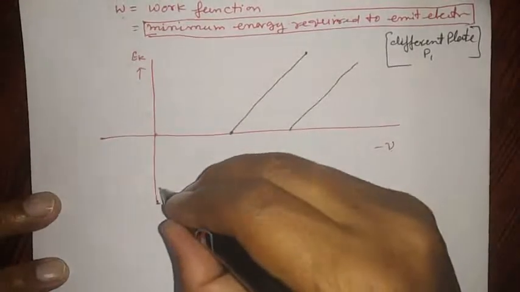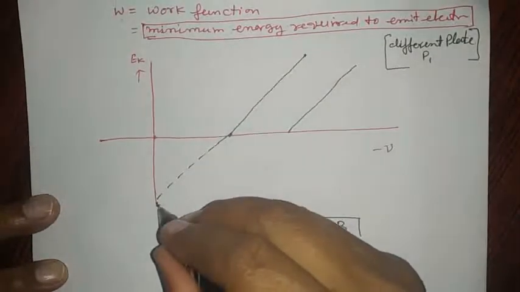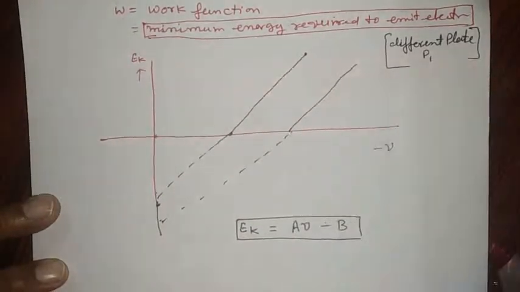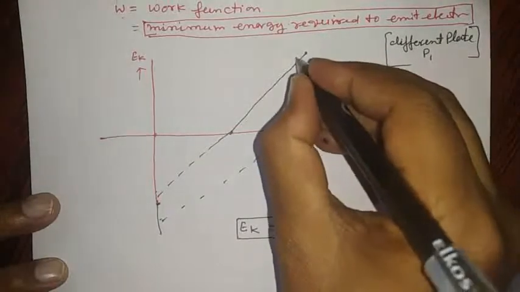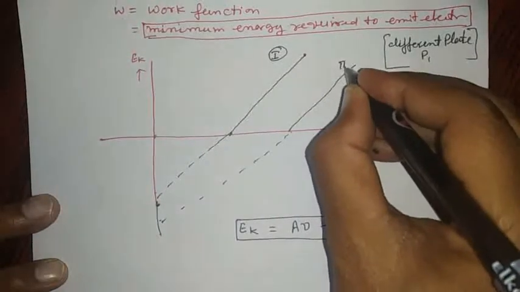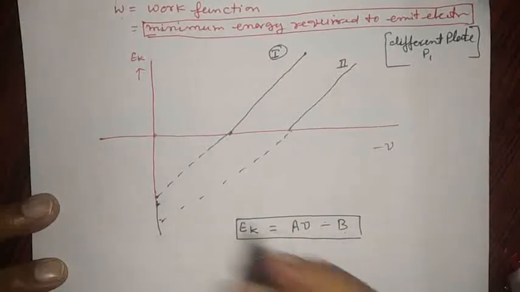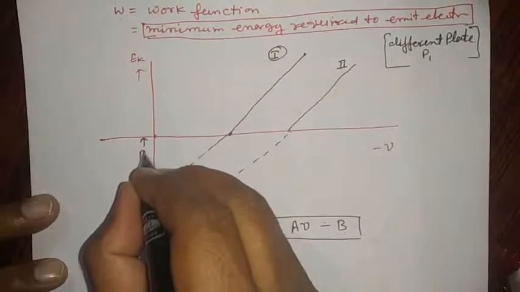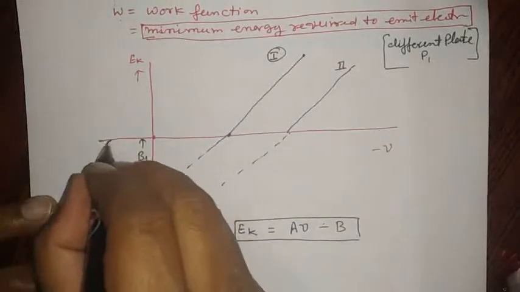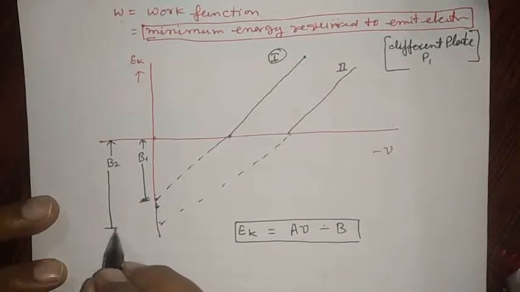When we proceed with this, see in the diagram, to calculate the y-intercept, let it be for the first type of plate and this for the second type of plate. When we proceed backward, see very carefully, this is B1 for the first and B2 for the second.